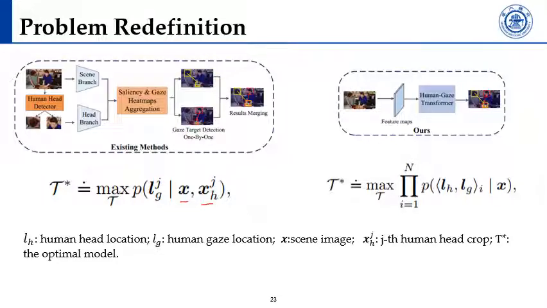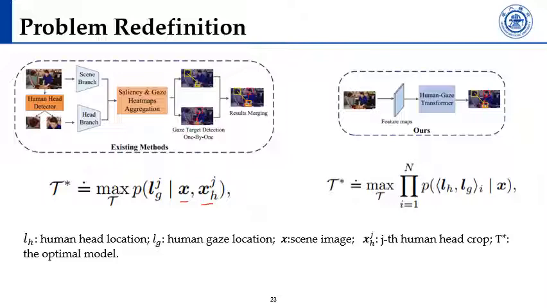XHJ, where J is the index of the human head crop image in the image. Then in our case, since we do this end-to-end, we no longer need the human head crops.